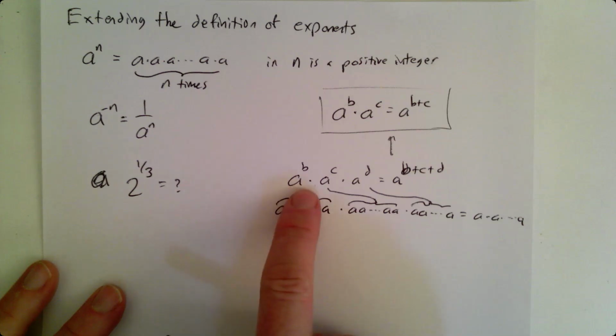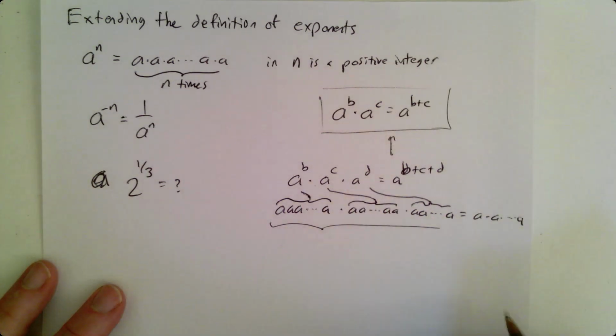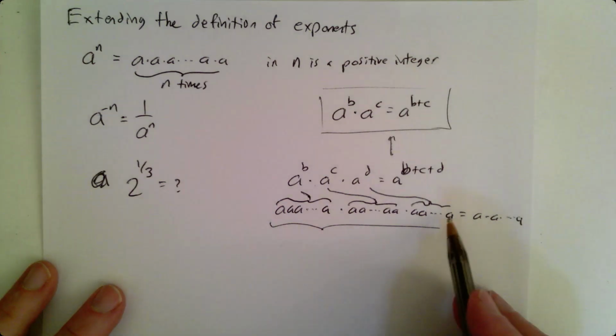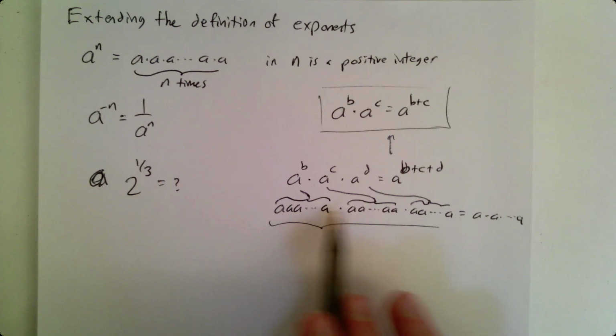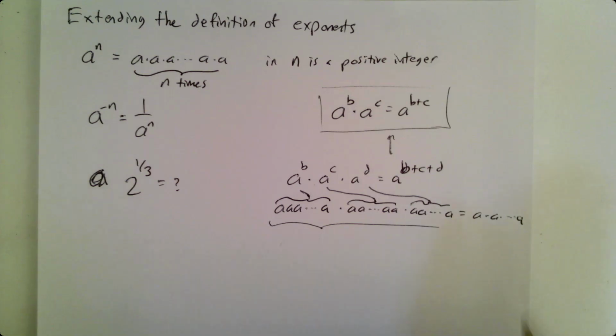And then after I multiply b times, I multiply it by itself c more times, and then by itself d times. If you ask how many times overall I multiplied a by itself, it must be b plus c plus d. And that's what's happening on the right-hand side here. So that's why it should be intuitive to extend this rule, assuming all of the exponents are positive integers.